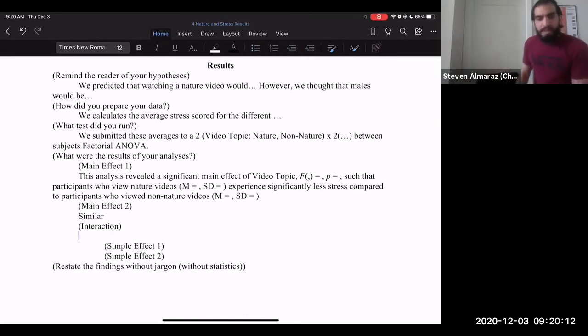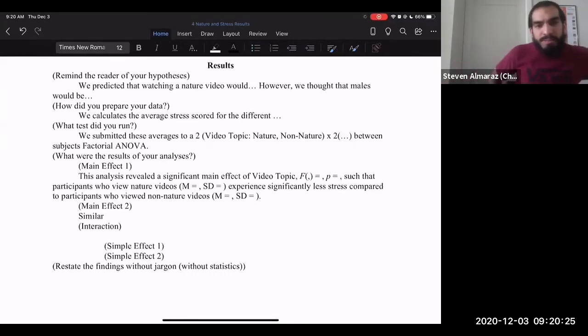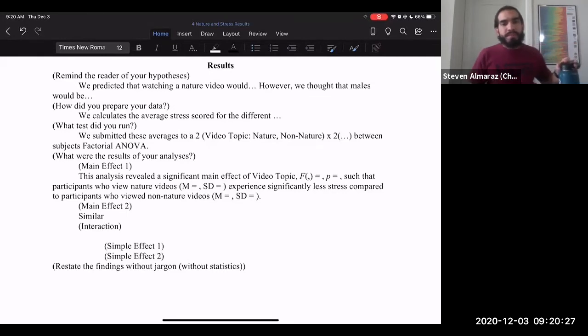Now, the interaction is an interesting thing. We always talk, or I've talked about it in this class several times, that the interaction is more important than the main effects. All right, and I think this example here is going to illustrate why that's true. Okay, so this main effect that we wrote down says that participants who view nature videos experience significantly less stress compared to participants who view non-nature videos.